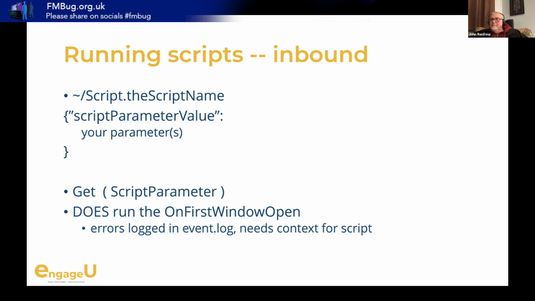It also means that any errors that occur in that script are logged in the event log. So the actual call is logged in the odata.log, but any errors are logged in the event log, just in the way that a PSOS script would also be.